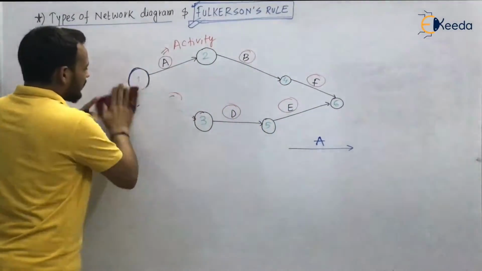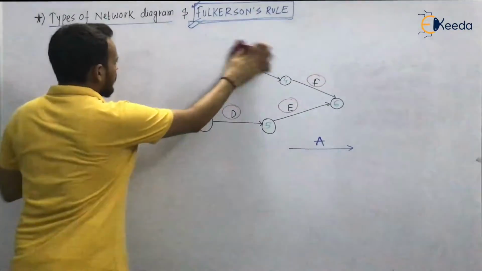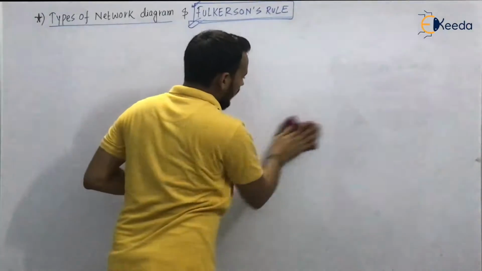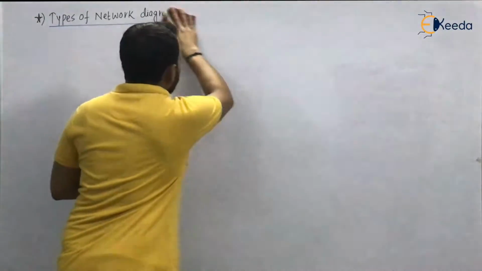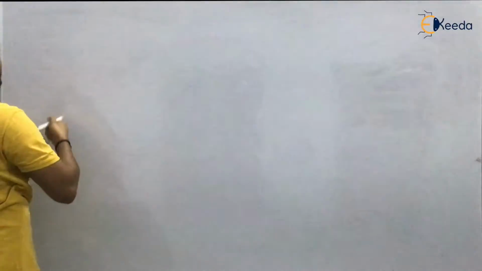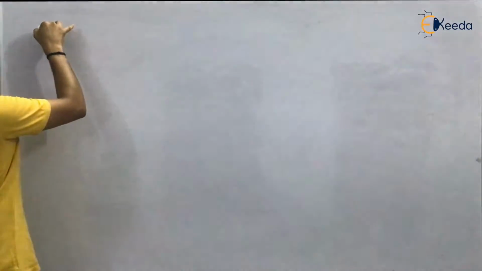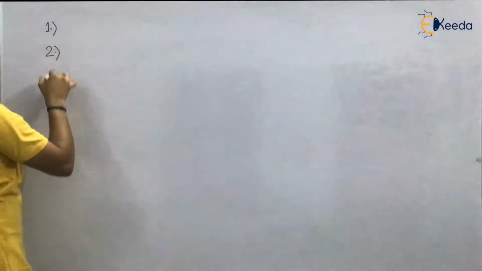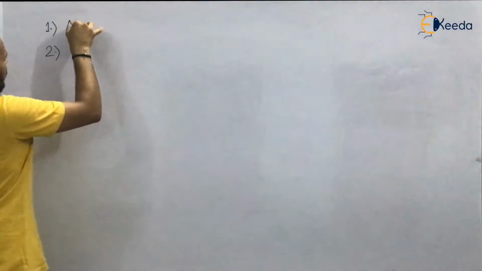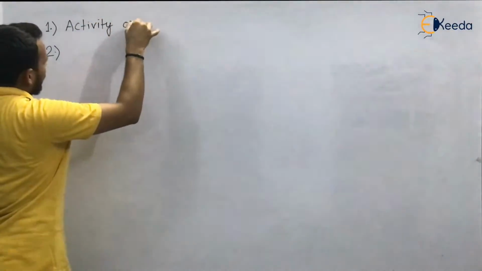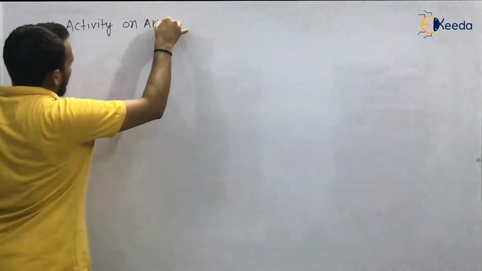So there are basically two types of network diagram. The first one is the activity on arrow diagram.